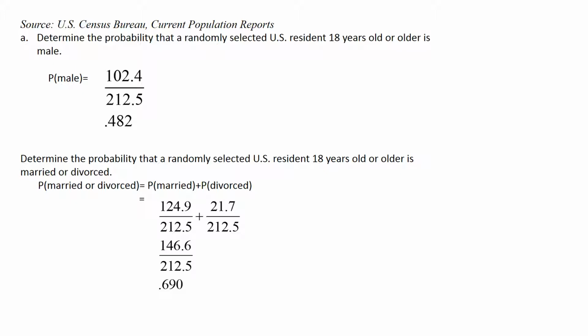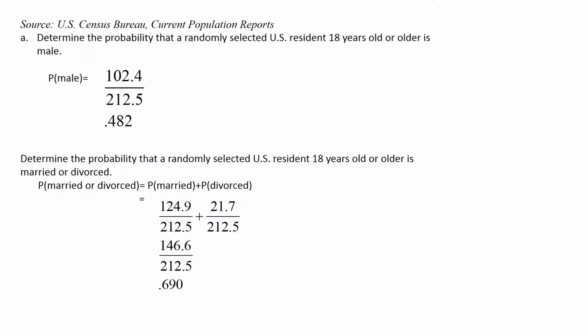This is basic probability. The answer is 102.4 divided by 212.5 equals 0.482.